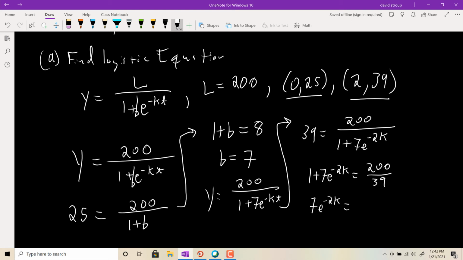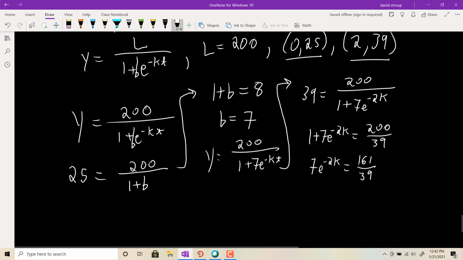So it'll be 200 over 39 minus 39 over 39, which is 161 over 39. Divide both sides by 7. That will go into the numerator 23 times, so 23 over 39.